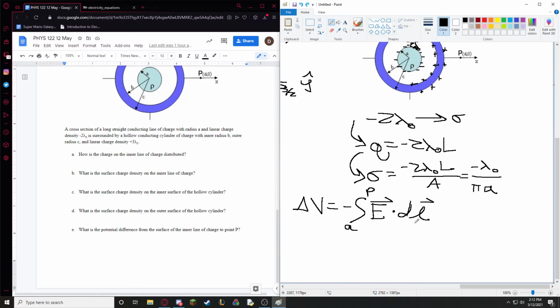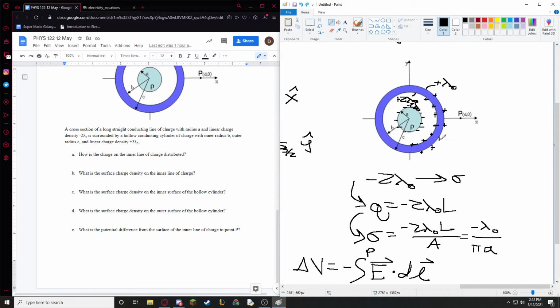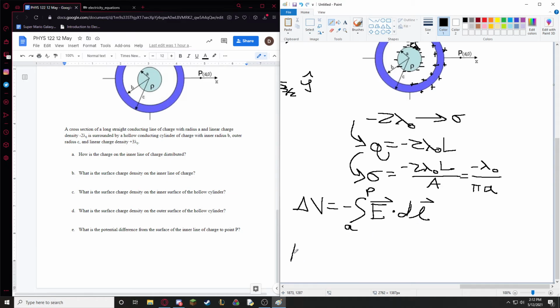No. And honestly, I'll give you a hint. By virtue of Gauss's law, you could just say it's symmetrical. It looks like a line of charge to the center, so it's just the charge contained. So what is our electric field going to be between A and B? Call it E1.